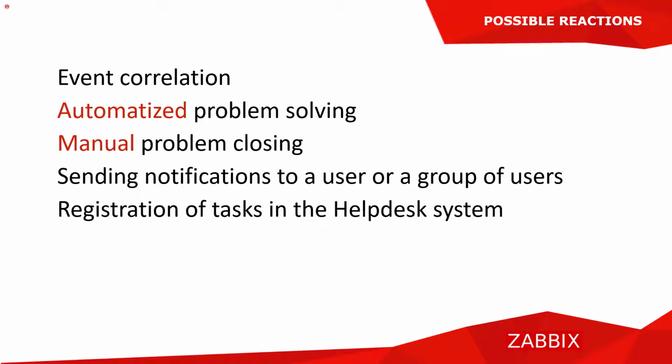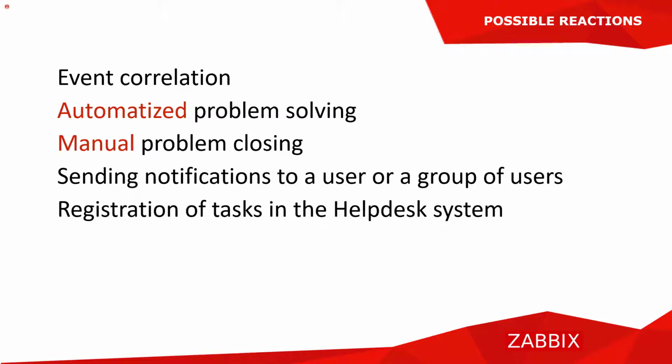We can, of course, choose who will execute those scripts, like Zabbix agent, Zabbix server or Zabbix proxy. And those can be not only scripts, those can be actual SSH commands, telnet commands, IPMI requests, depending on what exactly is affected by the problem and how we want to react to that problem.